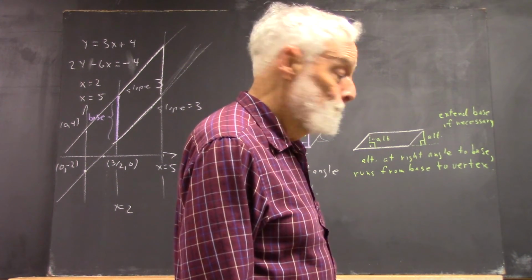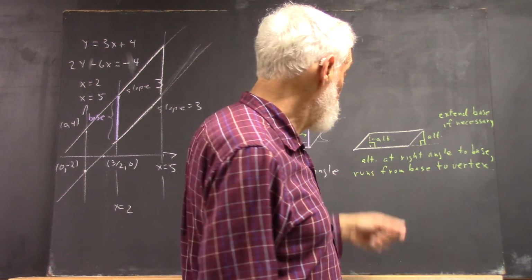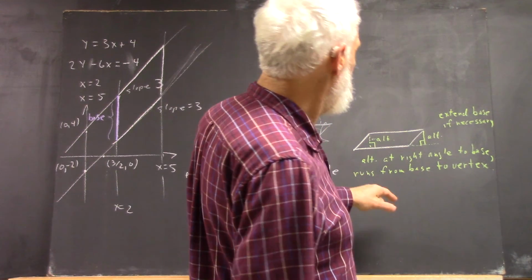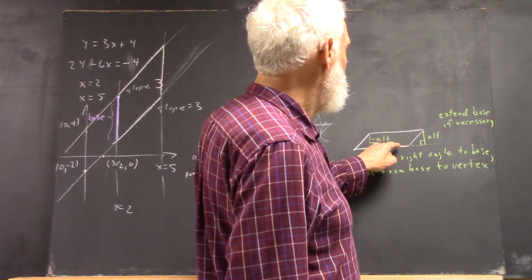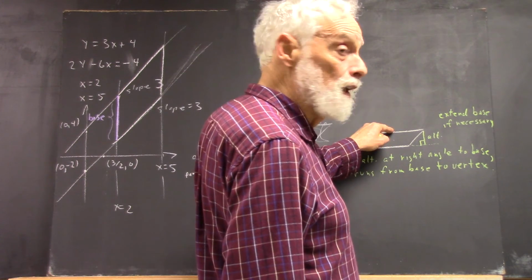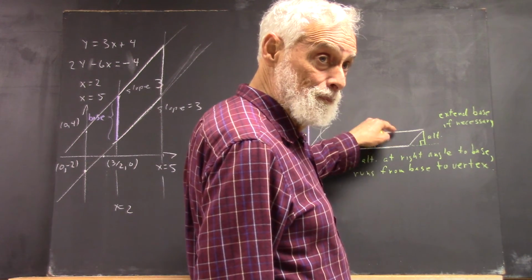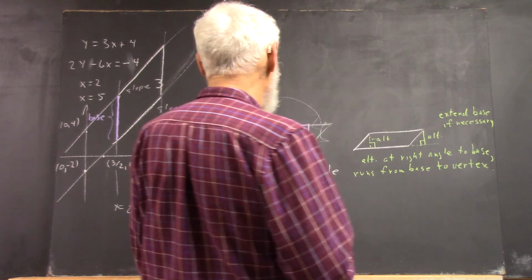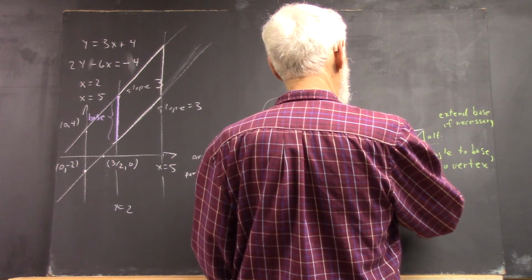So there's our rule. If our altitude is constructed from what we choose to be the base to a vertex, then it works. We could also say an altitude could be any line segment from the base to the parallel side, right? So an altitude could also go from here to here.